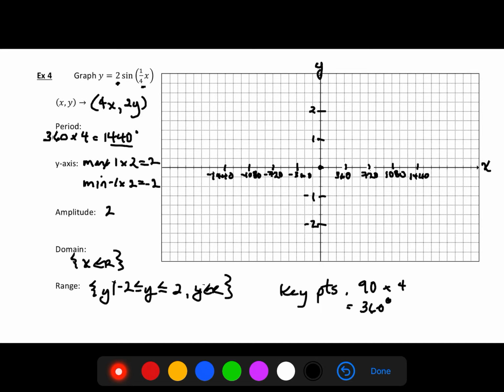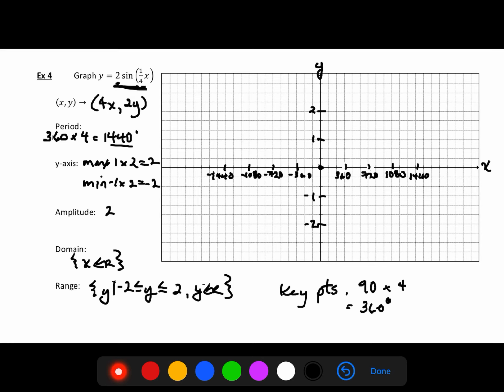We could spread those out a little bit more as well. So, key points. What I would probably suggest is, and we'll talk about this more when we have more combinations of things, I would graph my stretches and compressions first and then look at my translations.